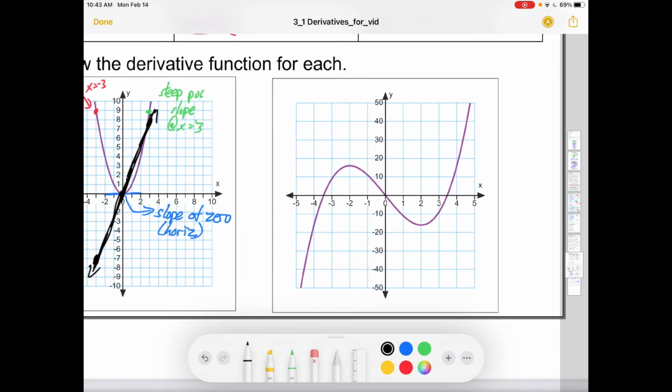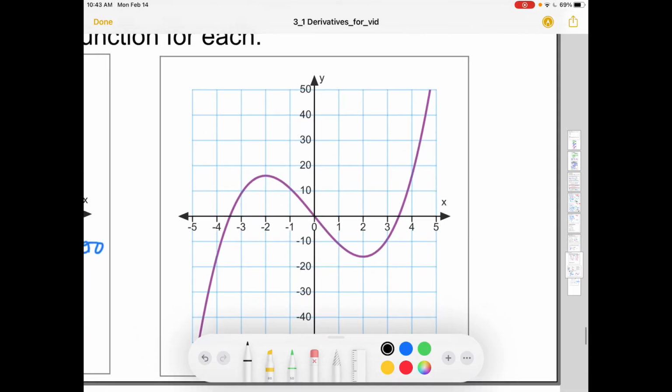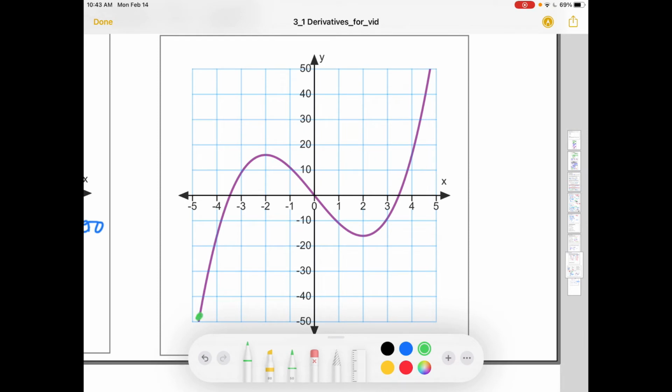Let's repeat the process over here. So again, we're looking at what's happening to the far left and far right. Over here, this is steep and positive. So that means it's got a big derivative value there. And right over here to the far right, it is also steep and positive.